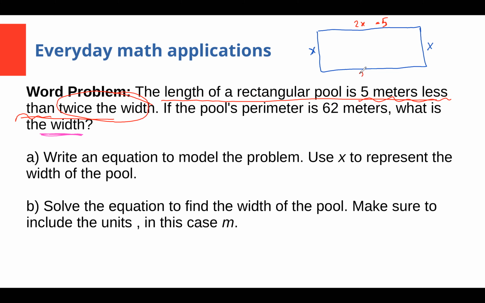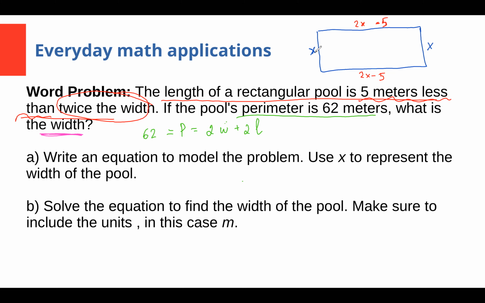Okay, so then I have the same thing over here, right? So each rectangle has 2 widths and 2 lengths. Now, do you remember the formula for the perimeter of the pool? It is when we add up all the sides, or quite often we say that perimeter is equal to 2 widths plus 2 lengths, right? This is also something that we could incorporate. Now, we do know that the perimeter is 62, and all we now need to do is substitute.